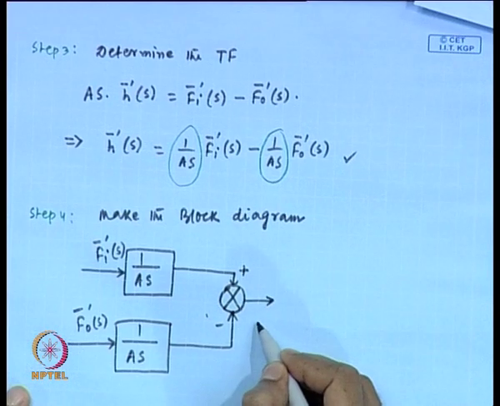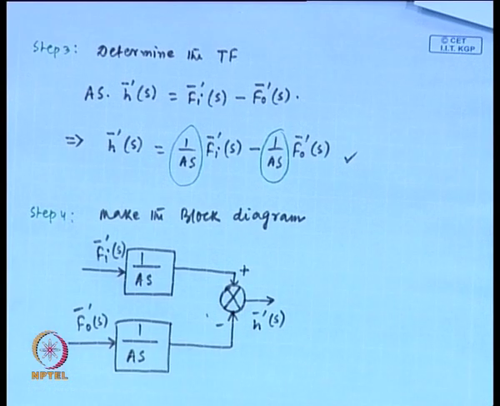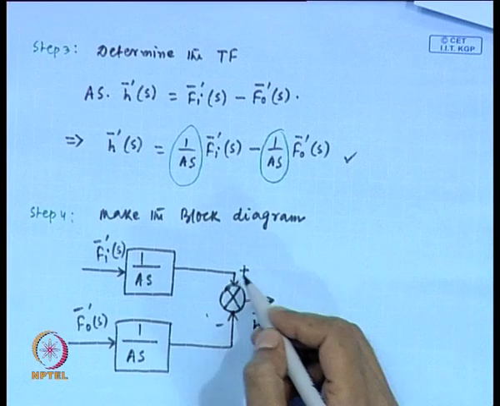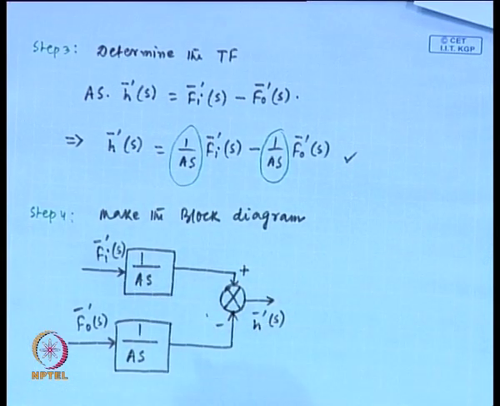Output is h bar prime(s). Fine. We are just considering 1 by A s f_I bar prime(s) minus 1 by A s f_0 bar prime(s) equals h bar(s).